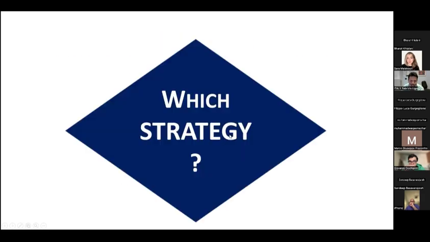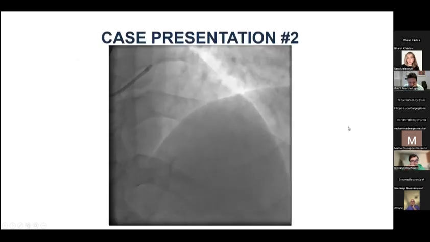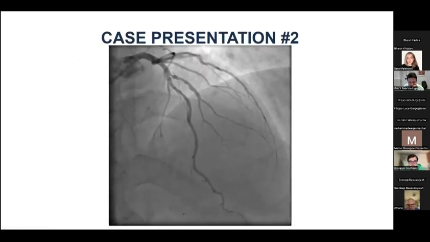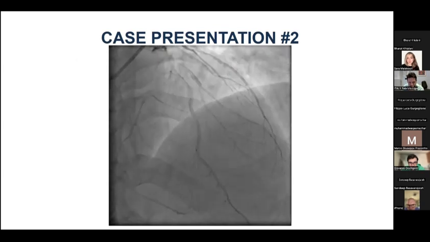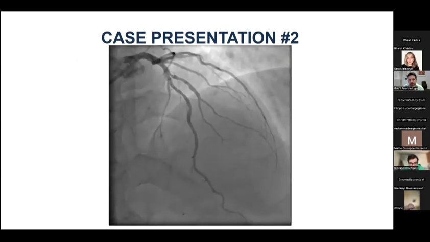But I think you mentioned a little bit about functional assessment of the donor vessel. I think FFR is probably not reliable unless it's very, very positive. That's my understanding. Is that correct?